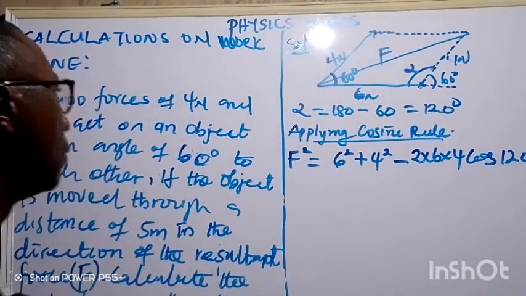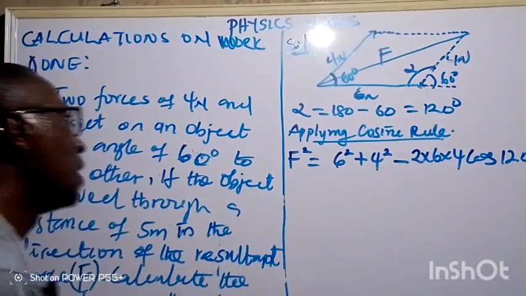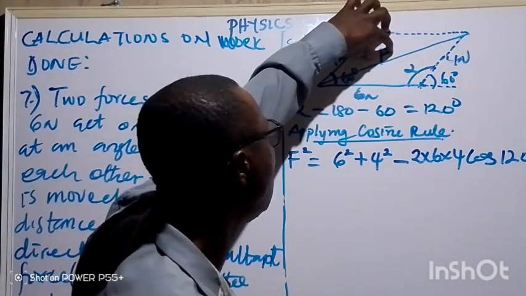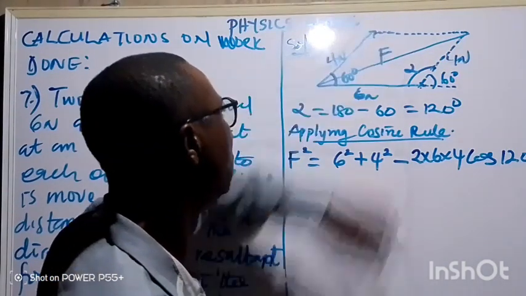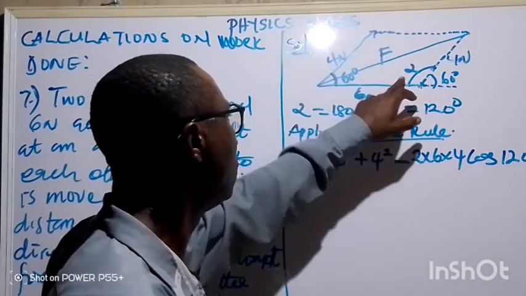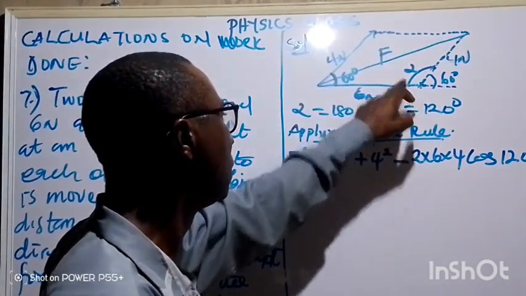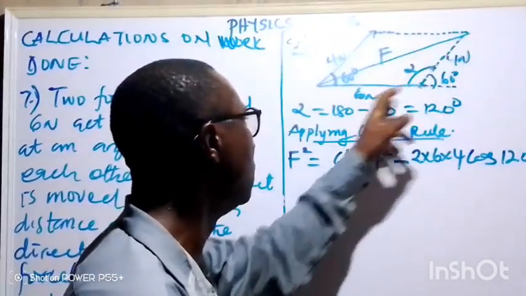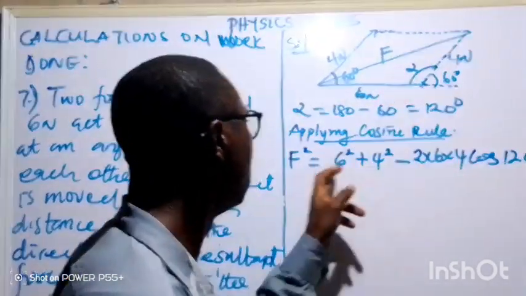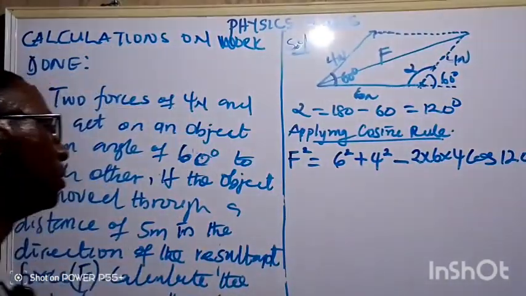That's the cosine rule from mathematics. We want to calculate this line F as our resultant force. The opposite angle, as we have calculated, is 120 degrees, and the sides adjacent to the angle are 6 and 4. So that's the cosine rule.